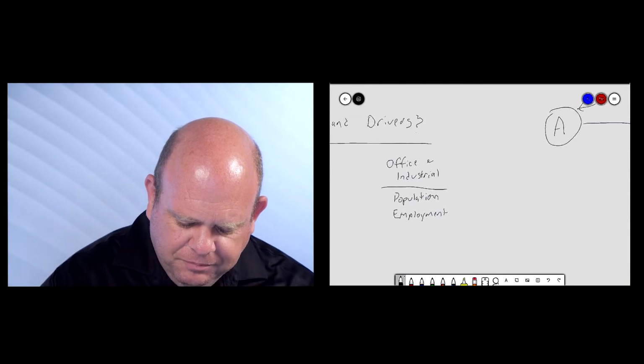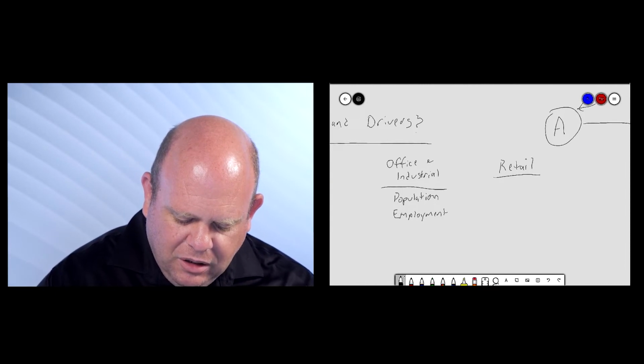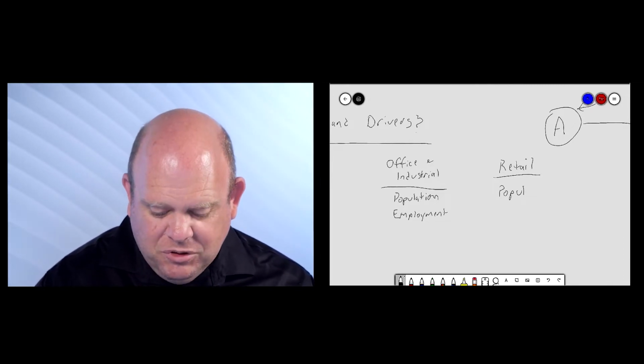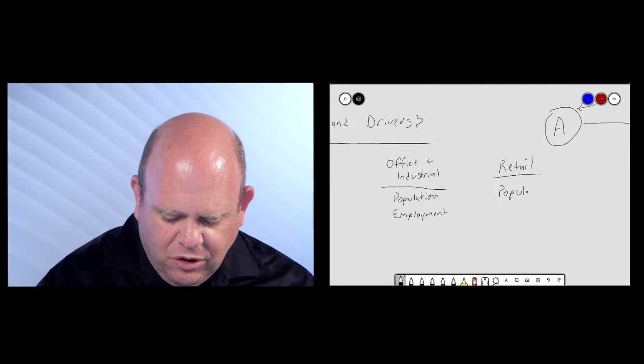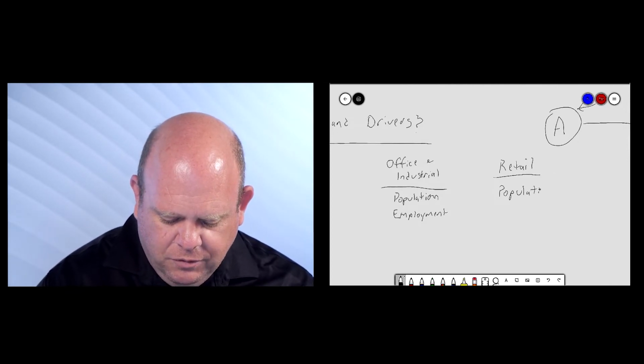And then lastly, let's talk about retail. Again, population is important, right? Because if there are no people to shop there, there's not going to be much of a demand for retail. But it's a secondary demand driver.